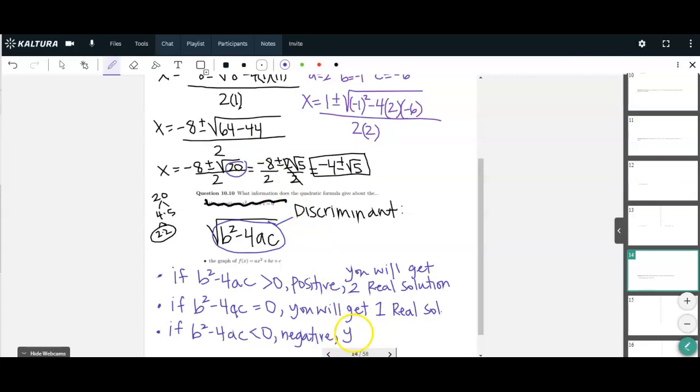So you will get two imaginary solutions, meaning you're going to end up with i in your answer. Okay, and we came up with some like that last time, how we had i as part of our answer. And so let's look at one.